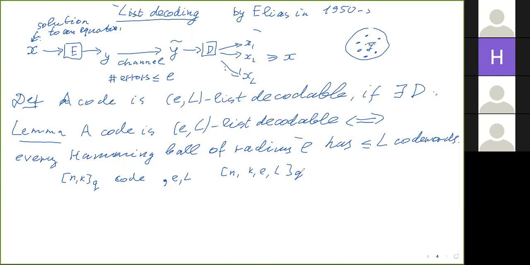And it turns out that the volume bound, or actually its analog, provides both the necessary and sufficient conditions. So for list decoding, the picture is much better. More or less, we know for each set of parameters whether such a list decodable code exists or not. And let's state those necessary and sufficient conditions.